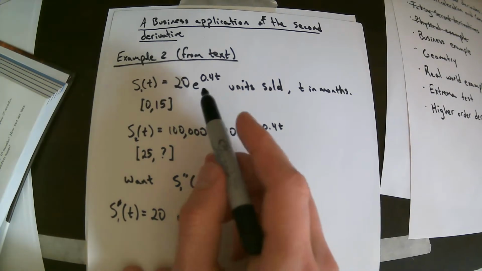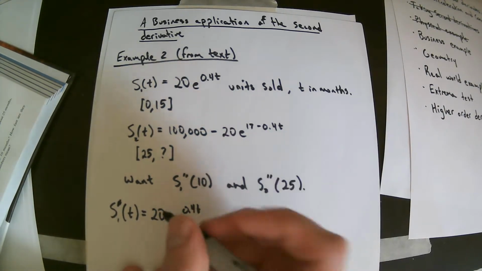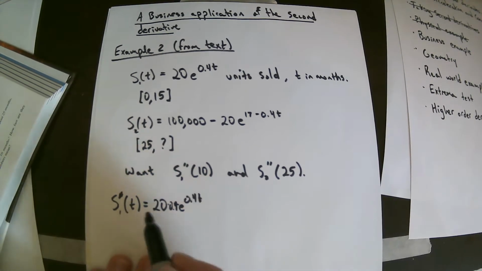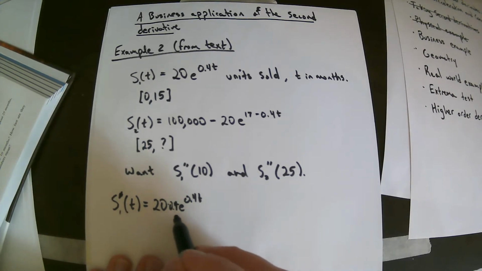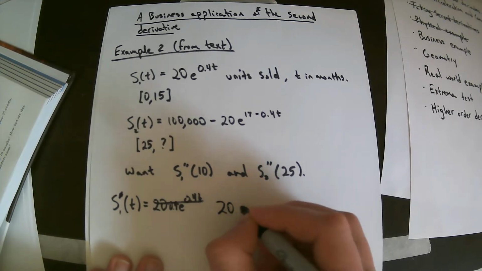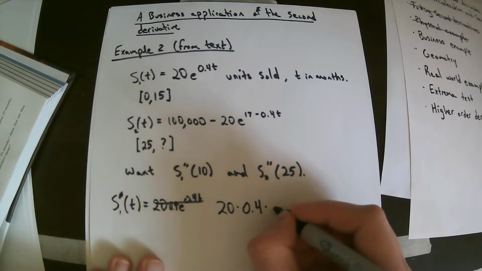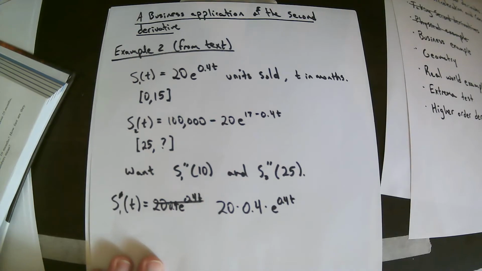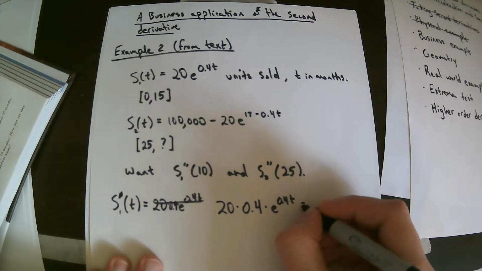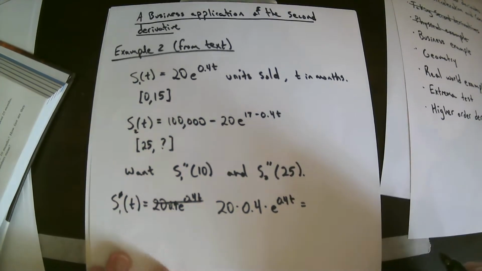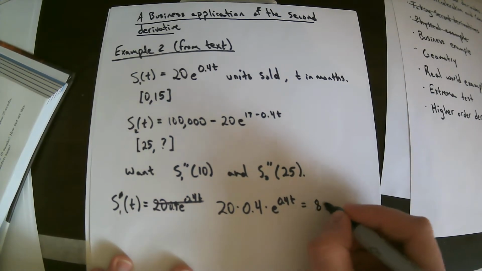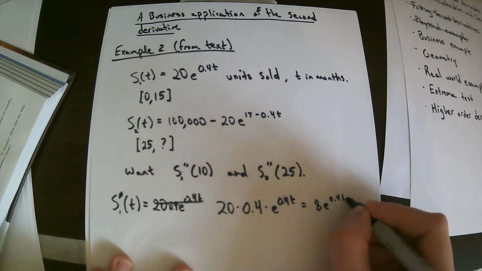But derivative of the inner is going to be 0.4, so we multiply that 0.4 right there. That's supposed to be 20 times 0.4 times e to the 0.4 t. And what is 20 times 0.4? That's going to be 8. So 8e to the 0.4 t.